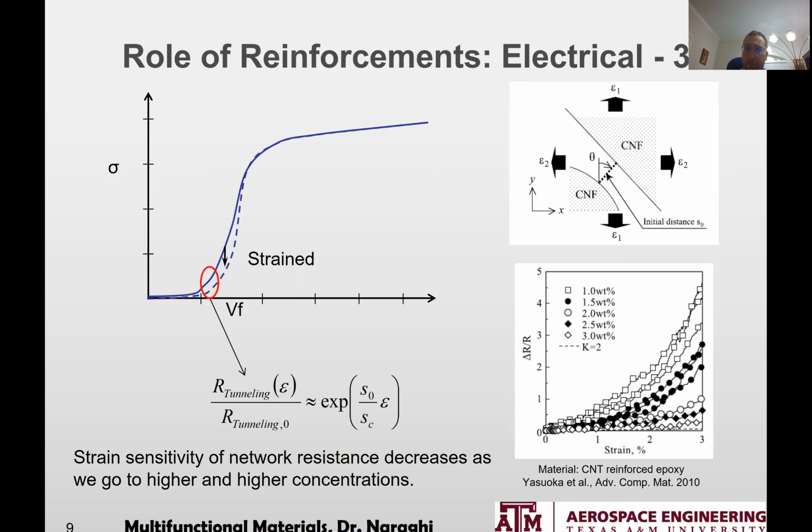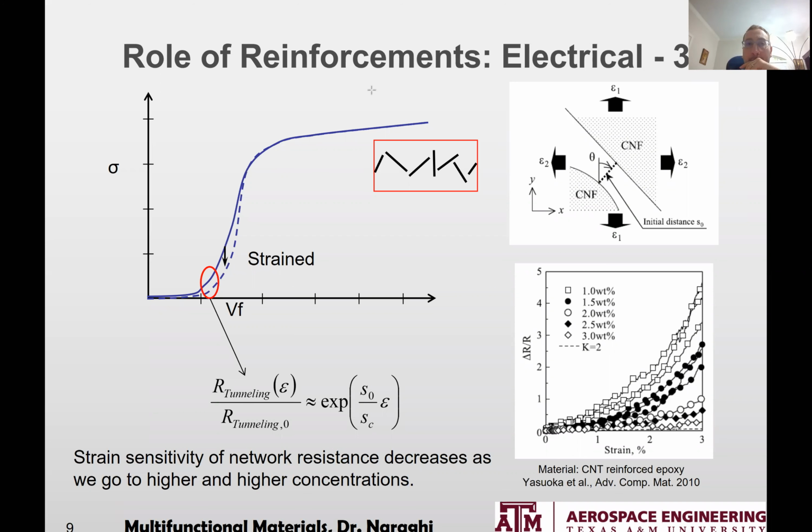But as a result of this, if I draw my composite, this is my composite, and in it I have my carbon nanotubes or nanofibers which have percolated, and they're passing current from one end to the other.